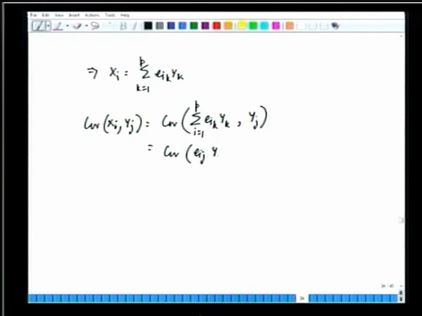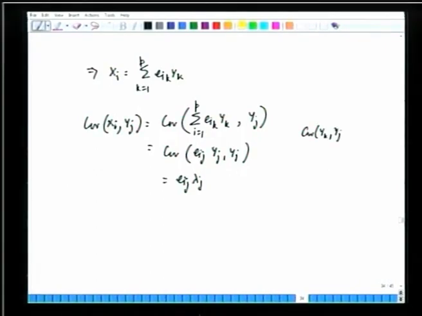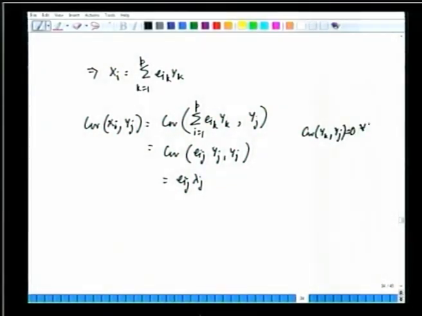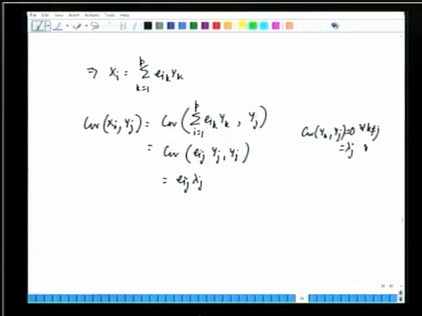Covariance between yj and yj is of course lambda j, and Eij remains as such, giving me Eij lambda j, because I know that the covariance between yk and yj is 0 for all k not equal to j, and is lambda j if k is equal to j.